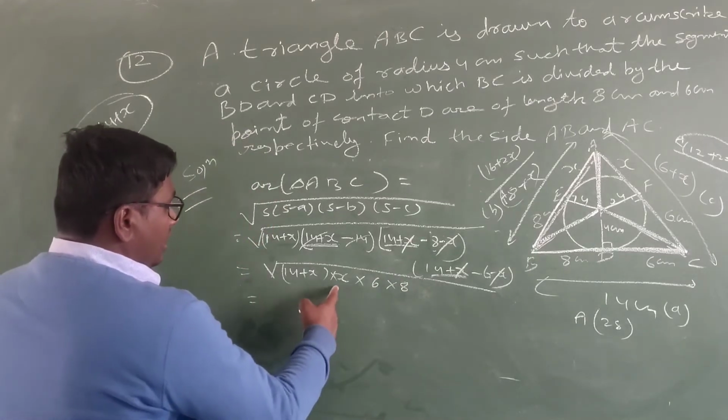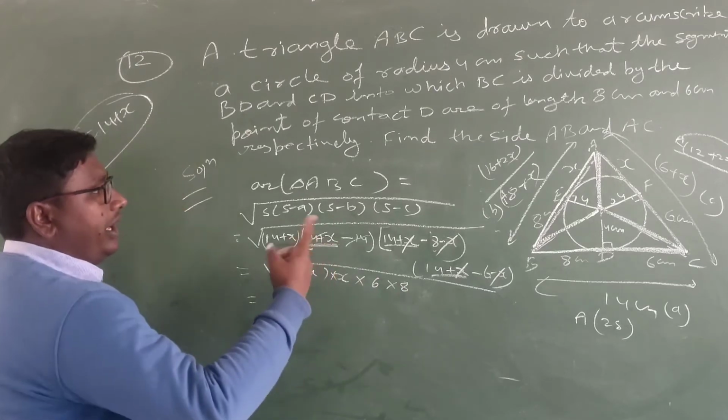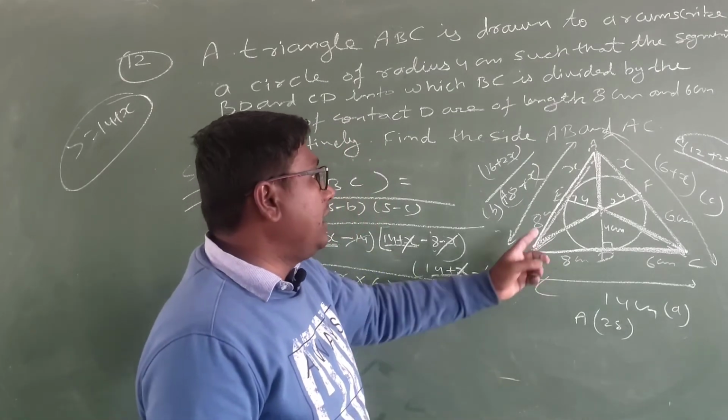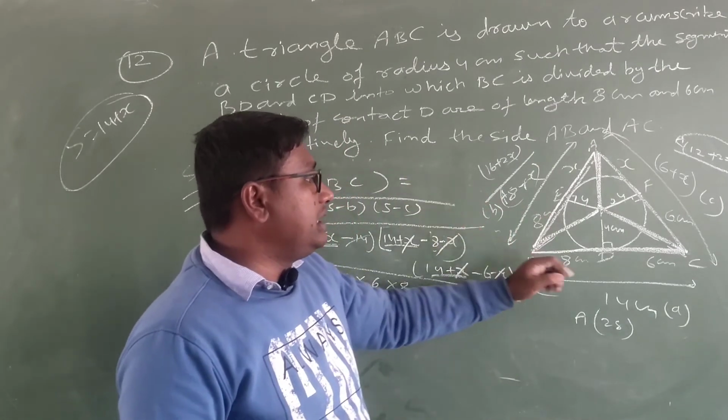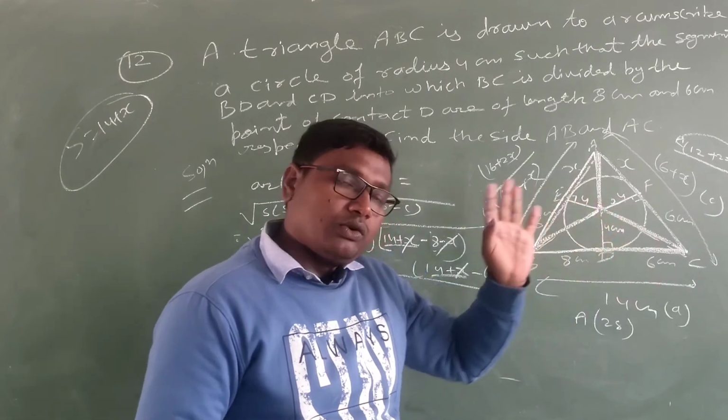Now this whole term will be equal to the area of triangle ABC. What was the area of triangle ABC? That was the area of triangle BOC plus AOB plus AOC. That we are going to put here.